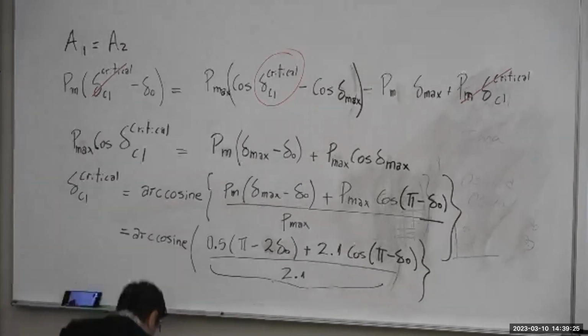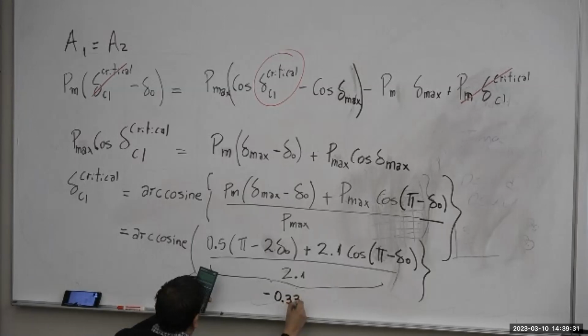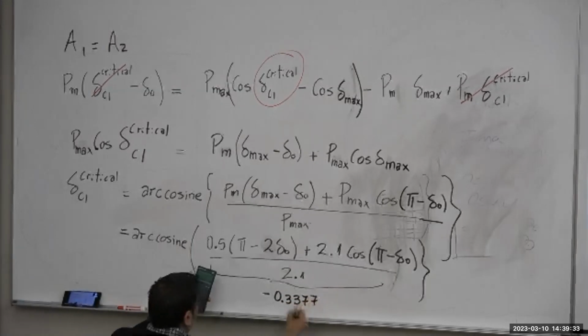Now it's much better. So this is going to be negative of 0.3377.